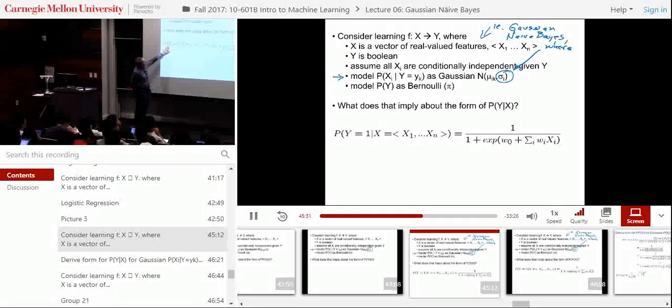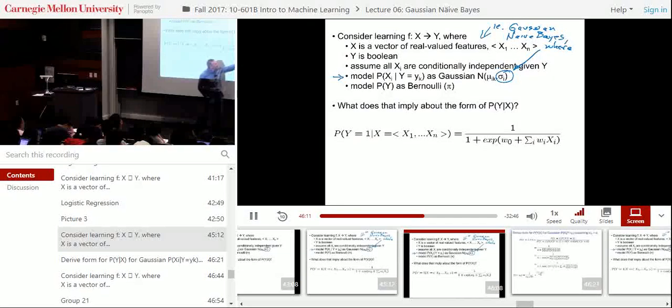So in particular, just to be more precise, the probability that y will take on the value 1 instead of the value 0, given a set of real valued features that we model as following a Gaussian with sigma sub i's, is going to be this form, where the W0 and the Wi's actually can be calculated directly from the mu's and the sigmas that we trained in our naive Bayes classifier, except that when we train it with logistic regression, instead of estimating the mu's and the sigmas and then calculating these, we're just going to directly estimate these parameters.